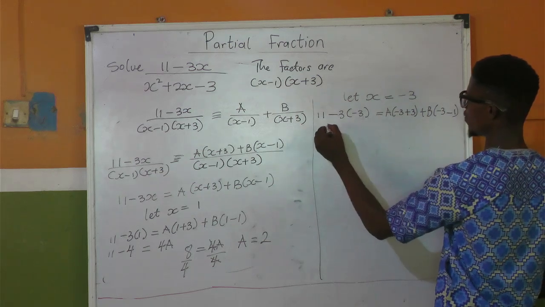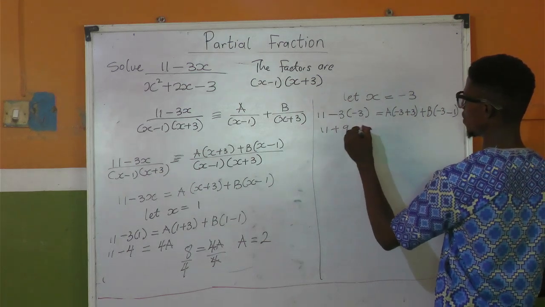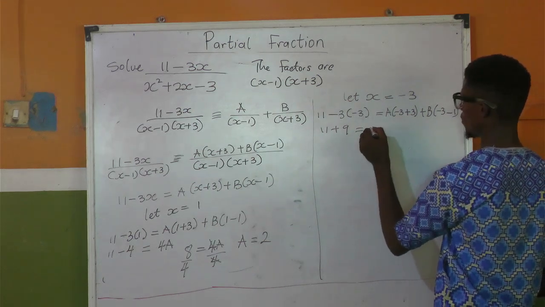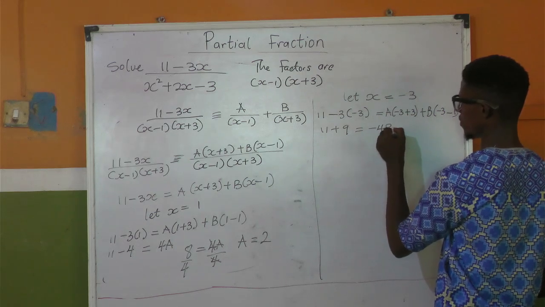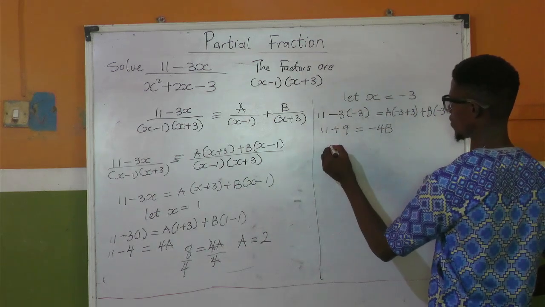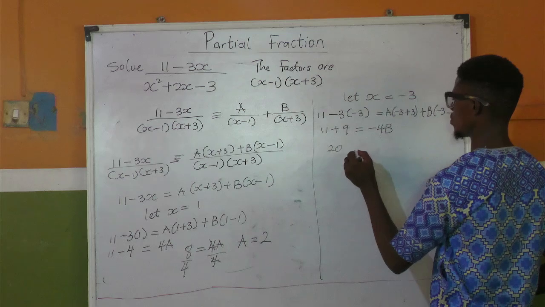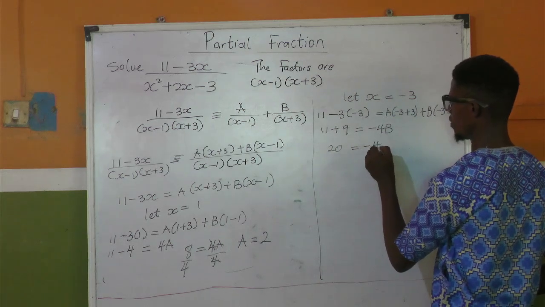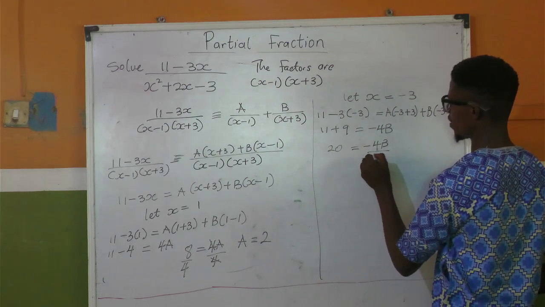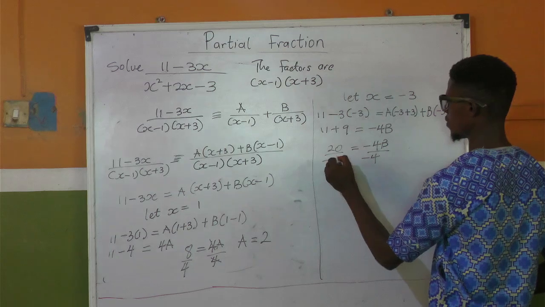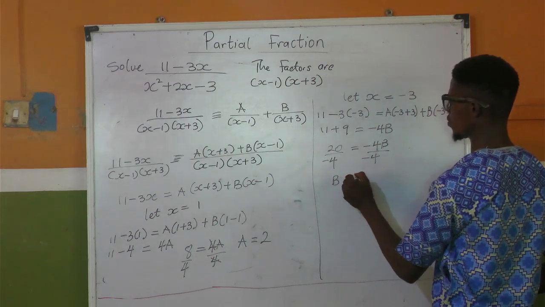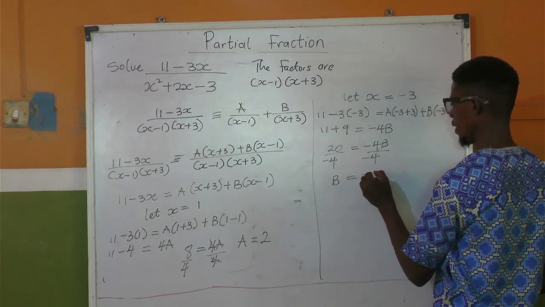So this is going to be 11 plus 9 equals minus 4B. 11 plus 9 is 20, right? So 20 equals minus 4B. If we divide this by minus 4, B is going to be equal to minus 5.